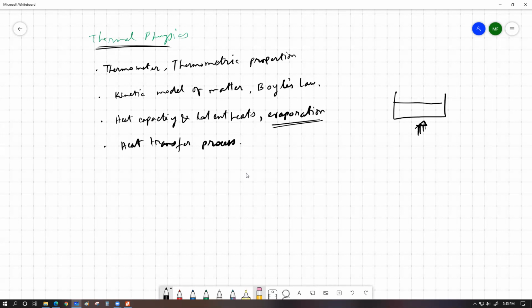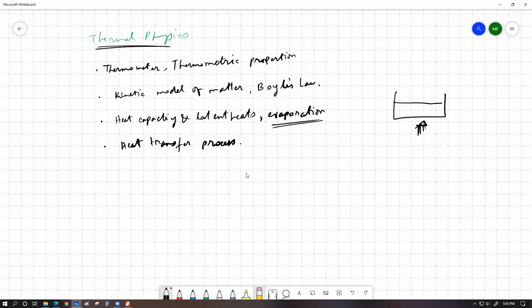Discussing every single example is out of the question, but I'm going to teach you how to handle any question that comes using these examples. So these are the basic core surface level content for these four chapters.